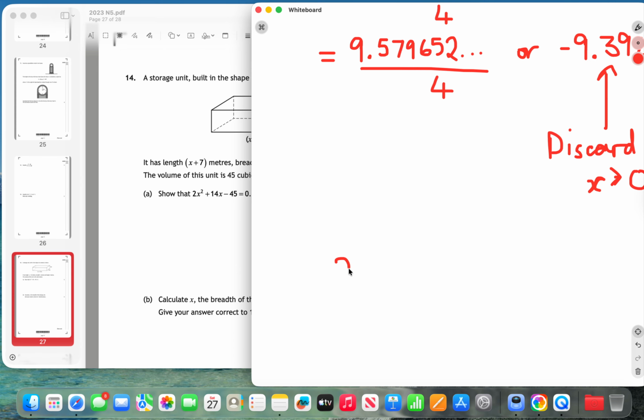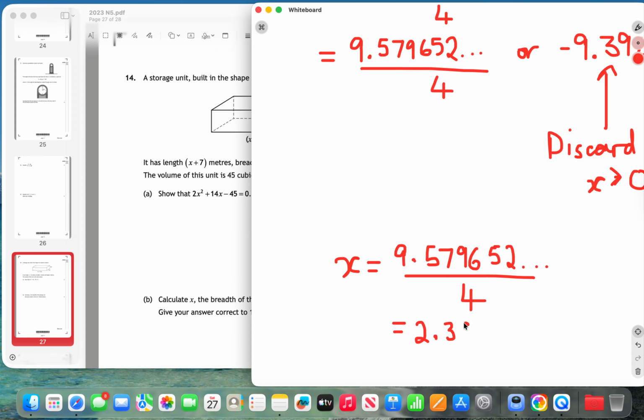So what we then have is that x equals 9.579652 all divided by 4, and we then get 2.394913.